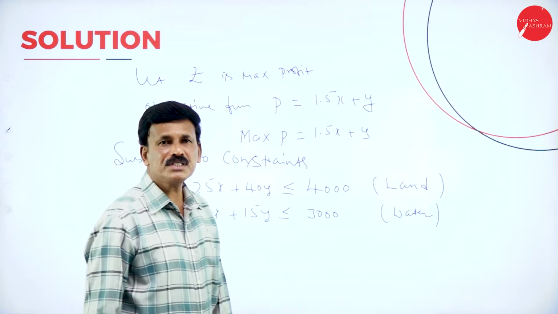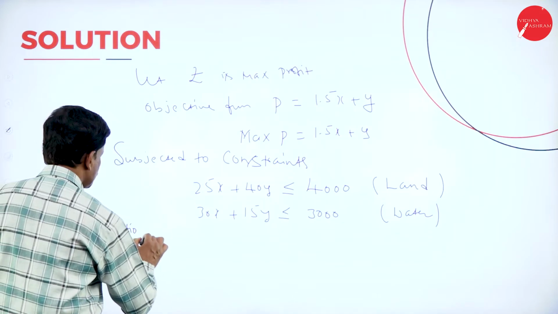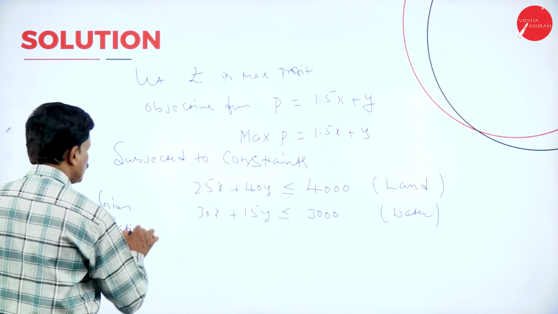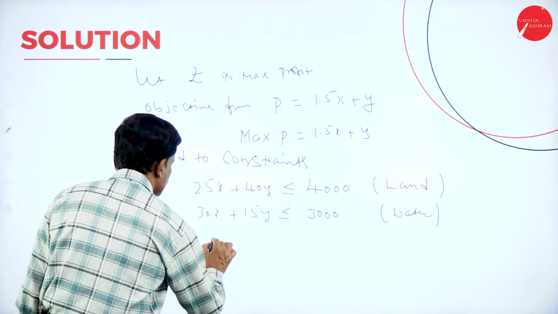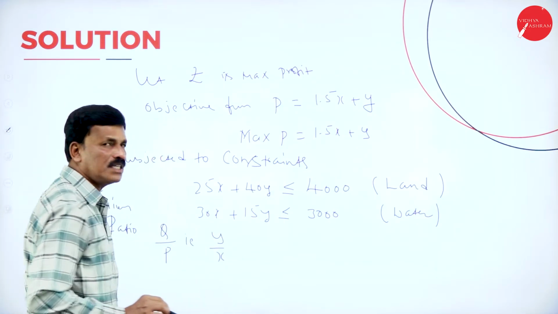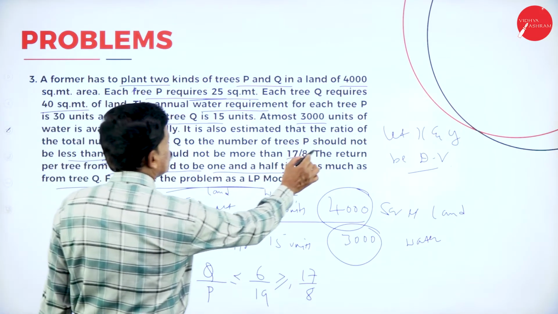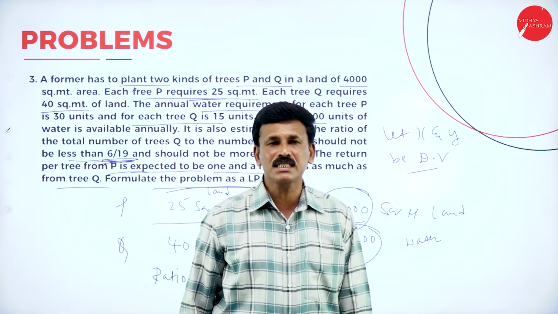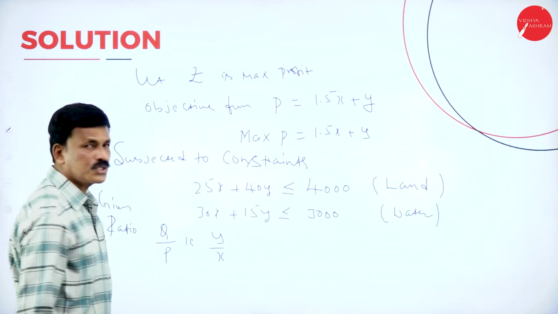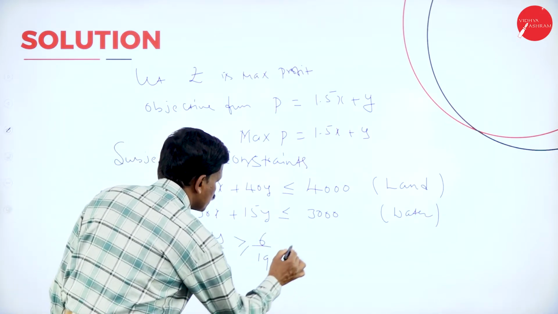And what is the ratio given? The ratio Q by P is nothing but Y by X. The first condition is that it should not be less than 6 by 19, which means Y by X is greater than or equal to 6 by 19.